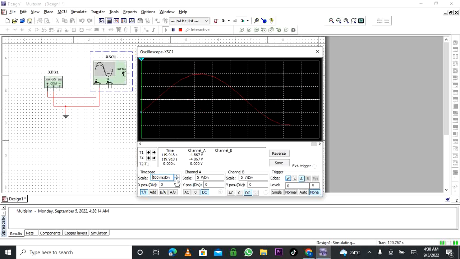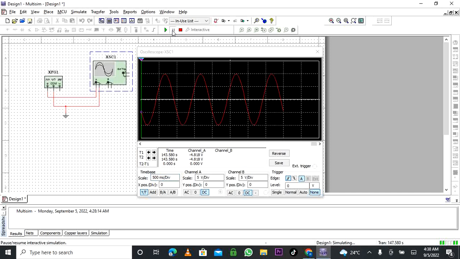Milliseconds per division, we can actually crank that up to, let's say, 500 milliseconds per division. And if I go ahead and pause the simulation, you can get a look at this signal.